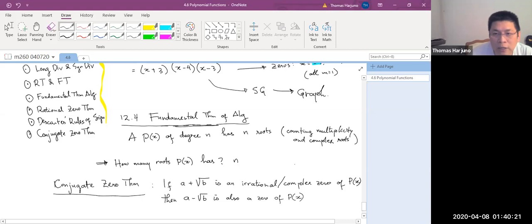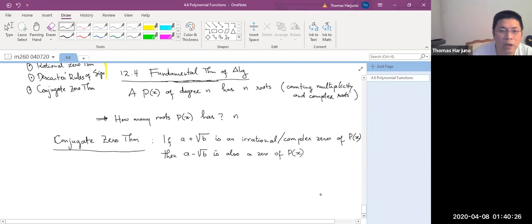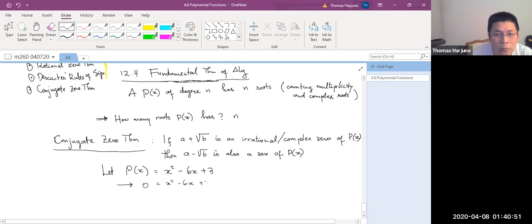Now, we have already seen this phenomenon in the past, but let me remind you. Suppose P(x) equals x squared minus 6x plus 3, and I want to find the zero. So I set that equal to 0. Negative 3 equals x squared minus 6x.